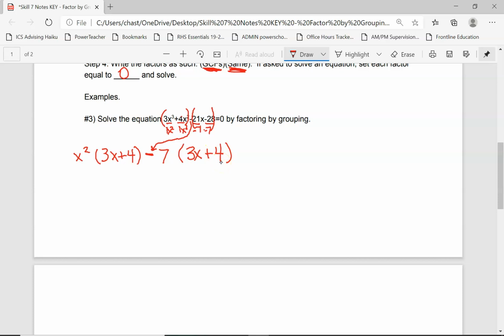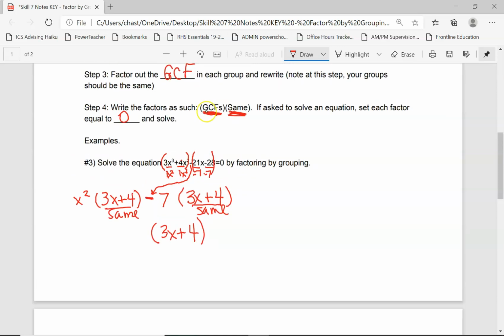Okay, so the good news here is that my groups are the same. So that becomes one of our factors, 3x plus 4. Those are what I call the sames. So if you remember back up to my little pattern above, I said I make the GCFs one factor, the sames the other factor.